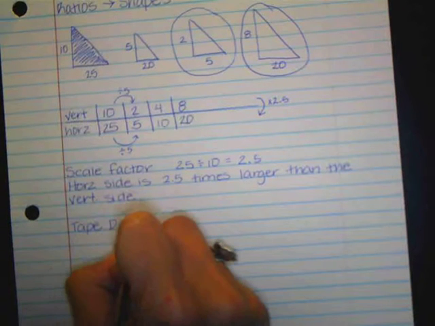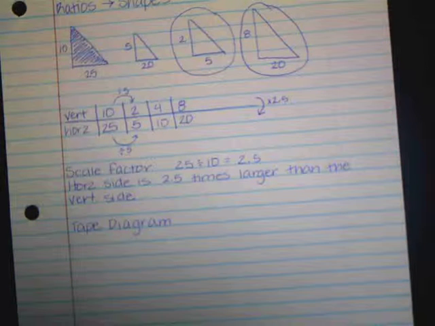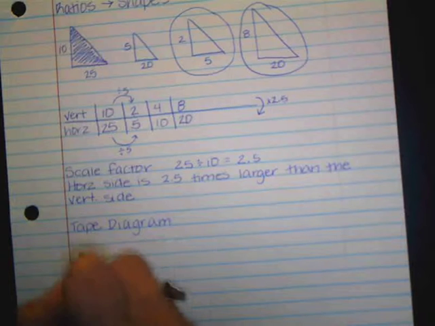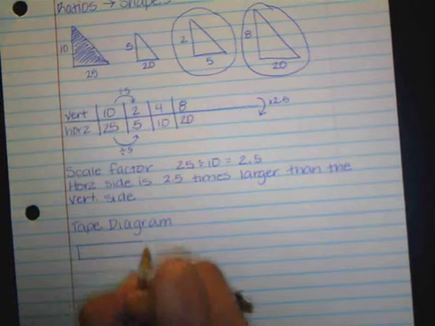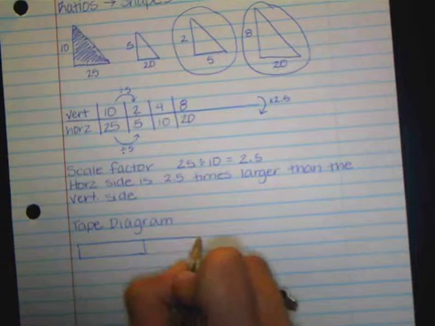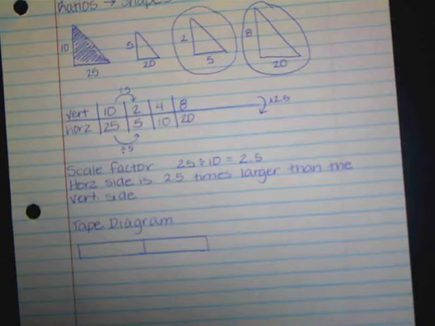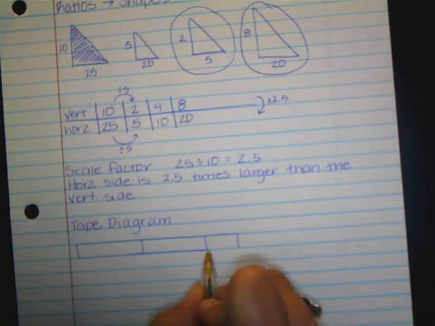Let's look at what this method of solving problems looks like. I'm going to represent the scale factor using the tape diagram like this. This sized bar on the tape diagram is going to represent 1. So to represent 2.5, I'm going to draw 2 bars of that size and half a bar.